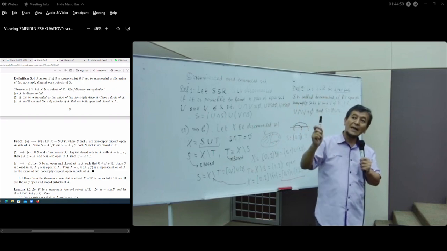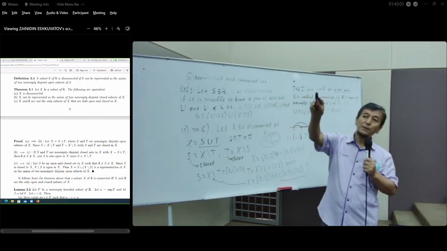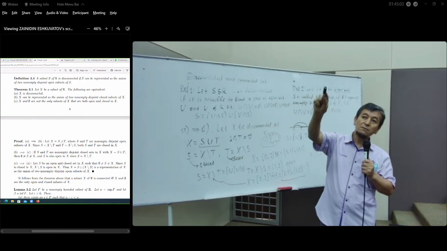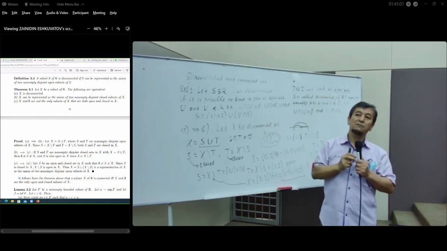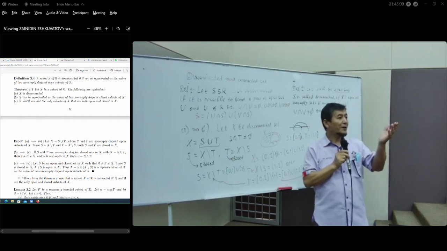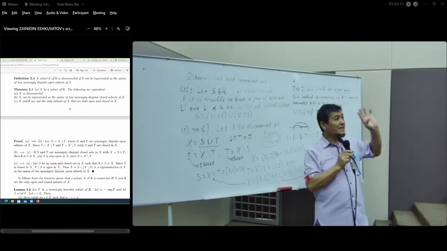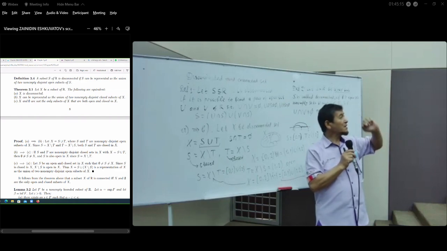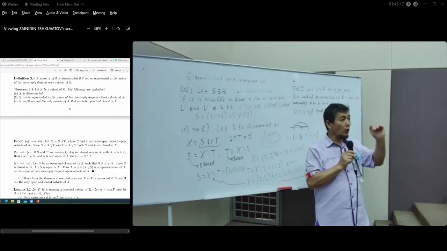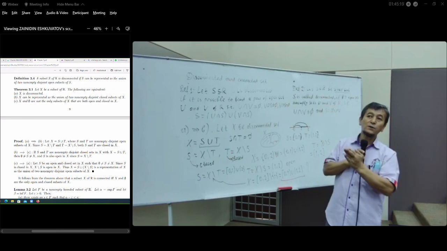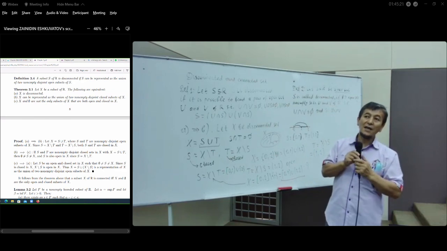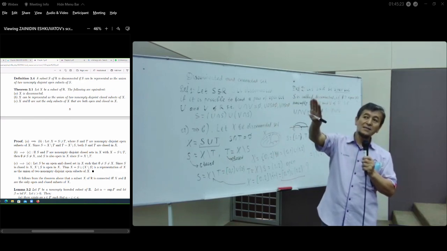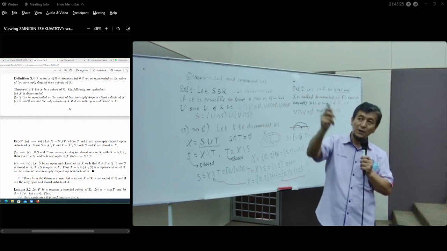From C to A, let S be open and closed set in X. S is not the empty set, and S is not X, but it is another new set which is open and at the same time closed in X, such that X is not equal to S and S is not empty. Okay, that one is okay.